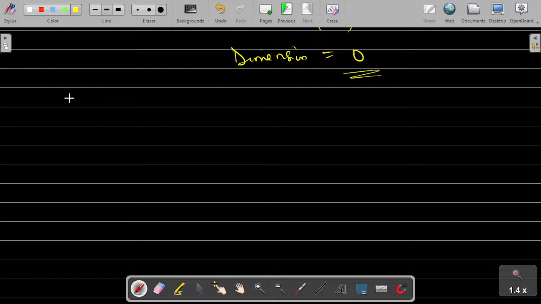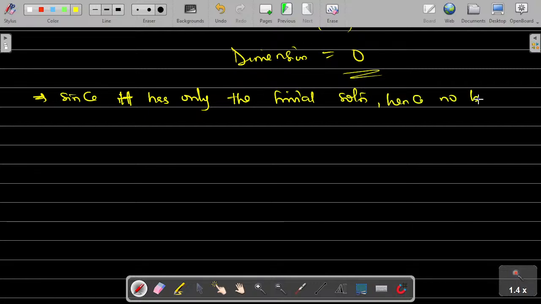You can just conclude that since H has only the trivial solution, hence there is no basis, and the dimension of H is equal to 0.